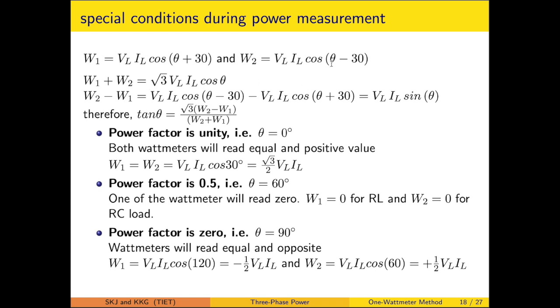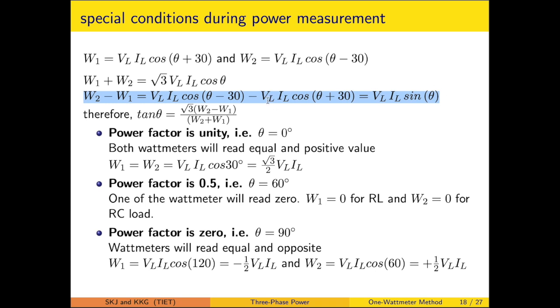For the cosine, when the angle is smaller, the value will be more. So W2 comes out to be greater, and that is possible when theta is positive. So W2 minus W1 comes out to be VL into IL sine of theta.